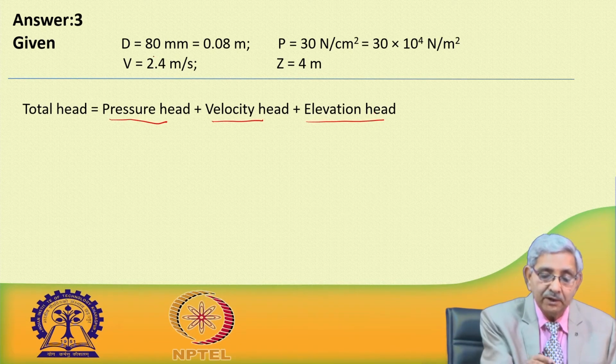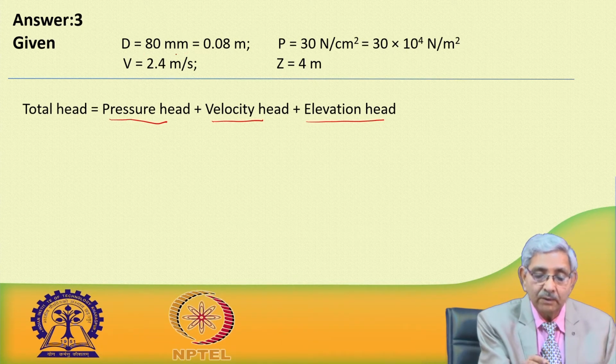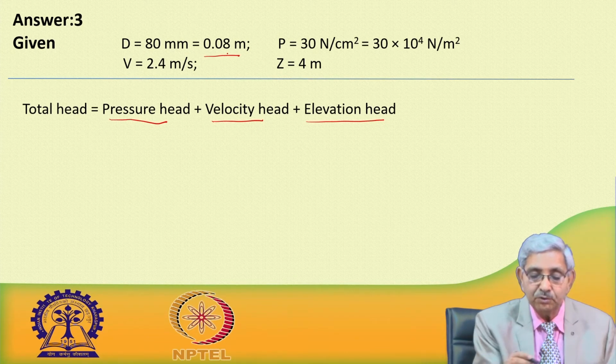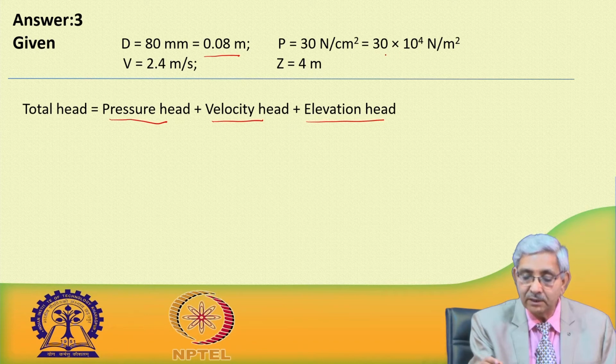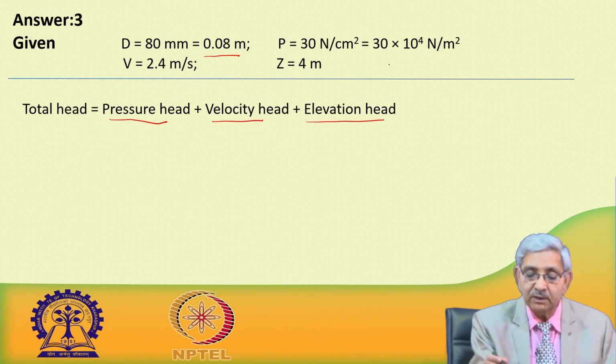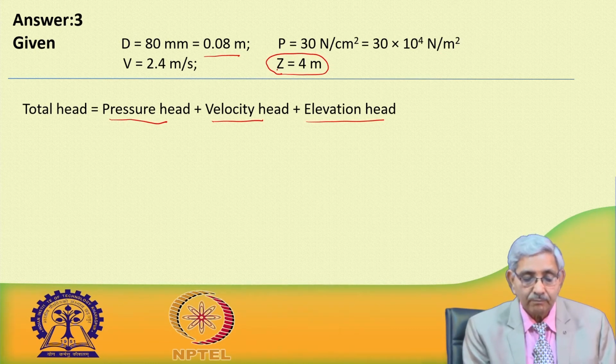And already I have told you that d is the diameter of the pipeline, which is 0.08 meter, P is 30 Newton per centimeter square, or I can say 30 into 10 to the power 4 Newton per square meter, and elevation head is 4 meter.